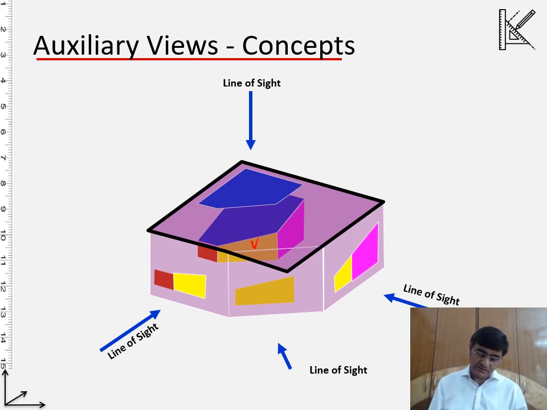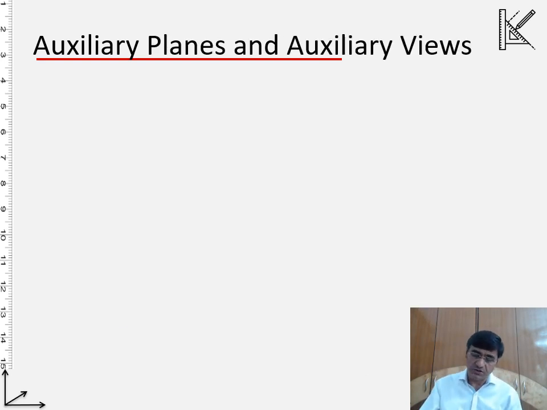So here in this case, because my line of sight was perpendicular to the yellow plane, or in other words, my plane of projection is parallel to the yellow trapezoid, because of that reason, the yellow trapezoid will be projected with right size and shape onto this auxiliary view. Okay, so we understand the concept of the auxiliary view.